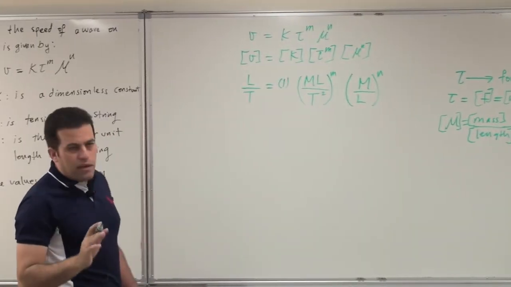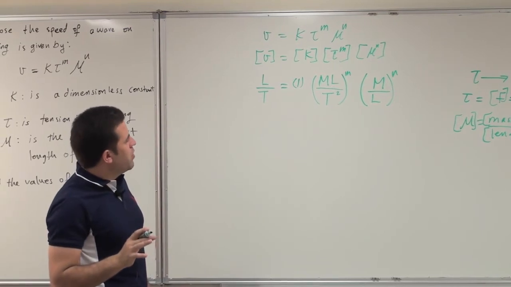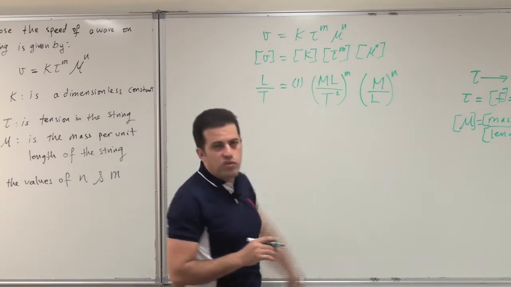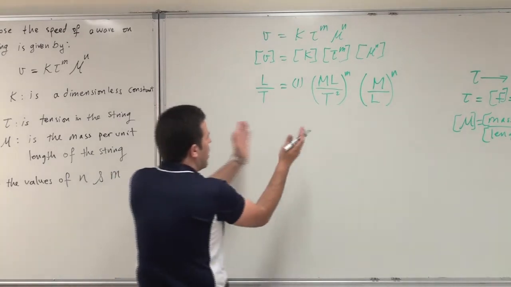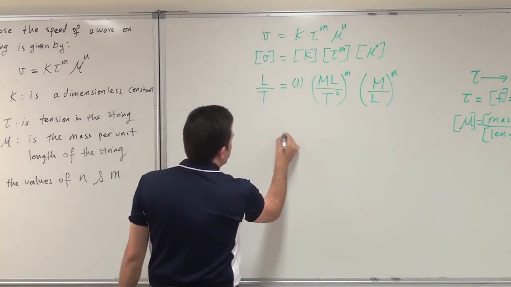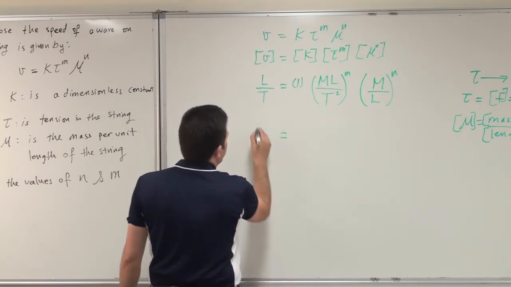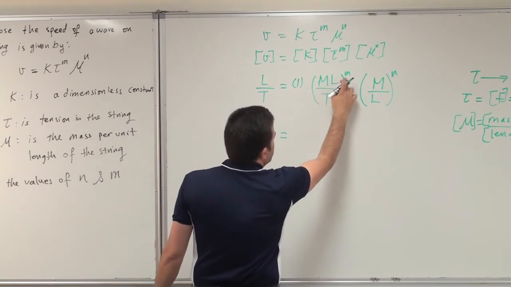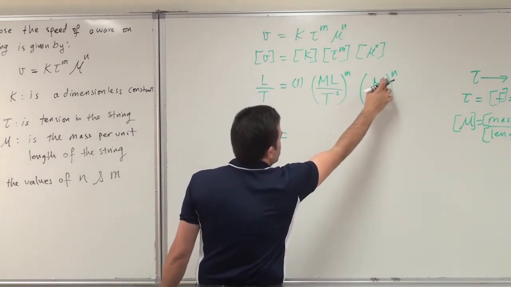Now, my roadmap here is to relate the powers of this side with the powers of this side. So I will associate these parameters together. So this side is L divided by T, and this M is raised to power m, this M is raised to power n.